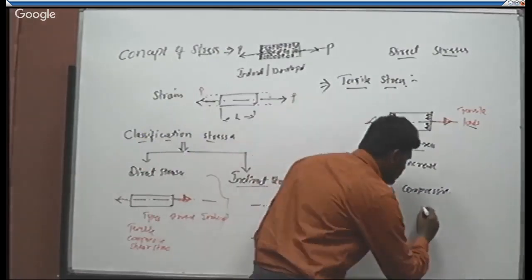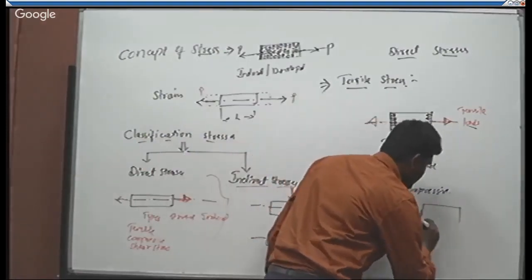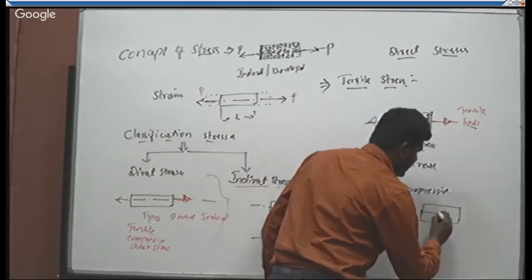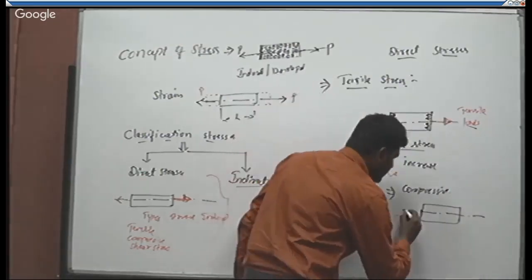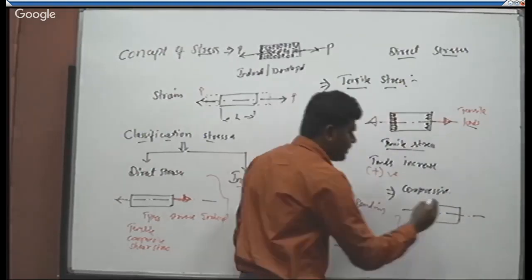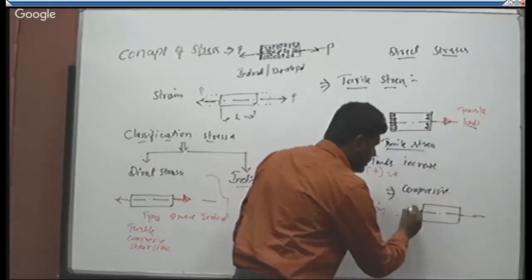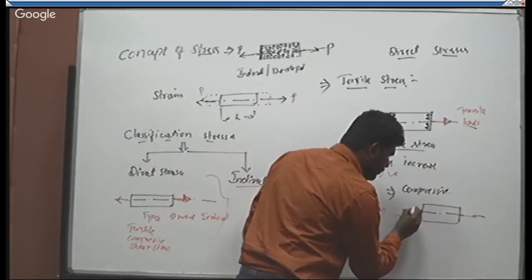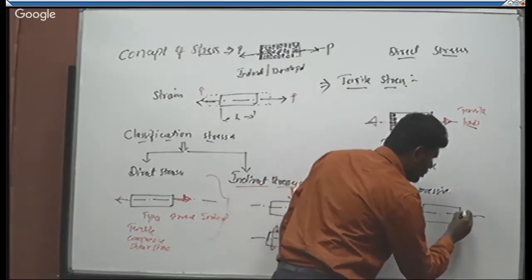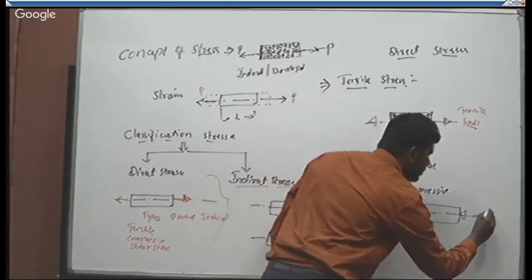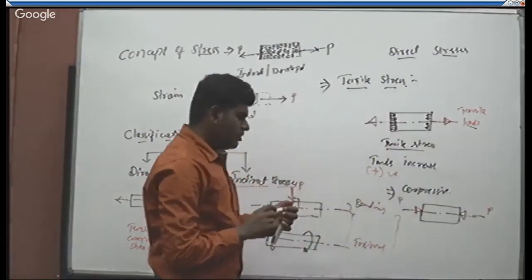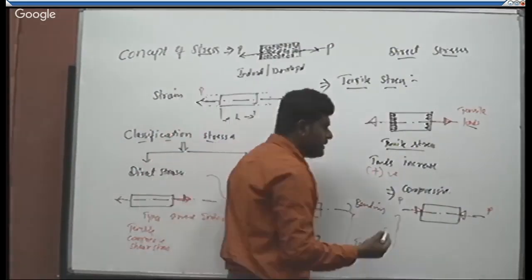So with an illustration of this simple bar sketch, take the axis of the bar. The loads are acting in line with the axis of the bar on either side, and the direction of the force is towards the body, towards the member, of magnitude P. Due to this also, the body or member develops an internal resistance.